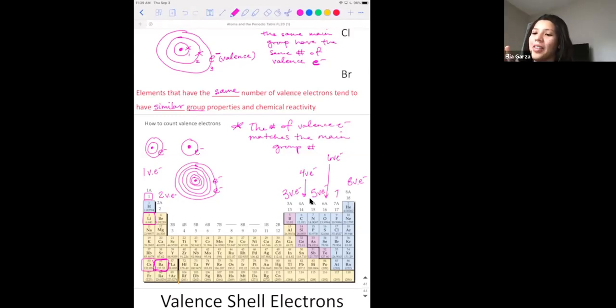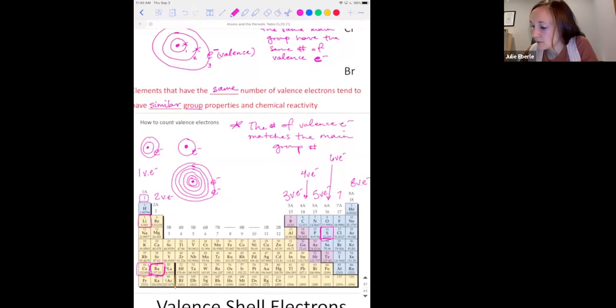I don't know if this question is overstepping what you're talking about, but let's say you have 6 valence electrons in group 6 of the main groups, and you have the element S, sulfur, right here, and it has 3 shells. How would you know where the electrons would go?